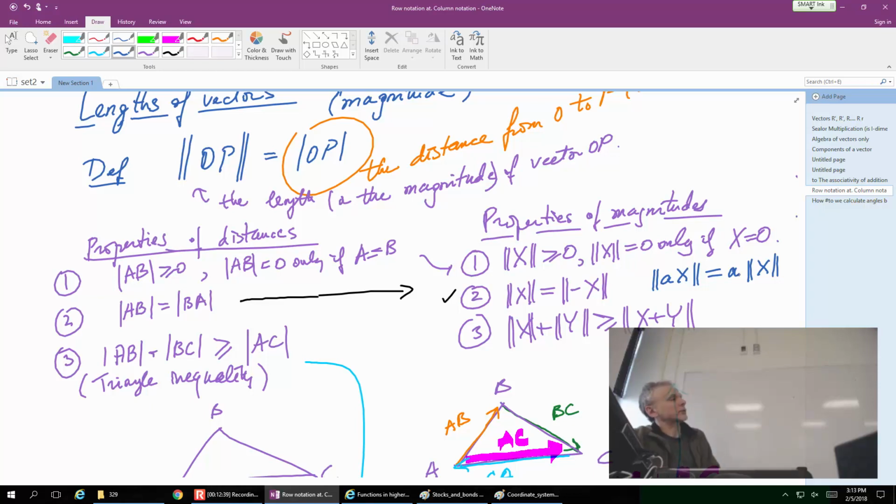It still works out, right? You multiply a vector by 0, and then you have a 0 vector, and its magnitude is 0. So when a is 0, it works out. Can a be negative? That is the question. Well, hypothetically, we can multiply by a negative number. So how do we fix the formula? Absolute value, right? Okay, and then you can see that the original property is included.